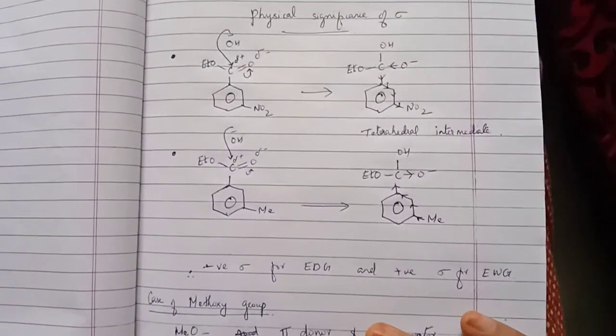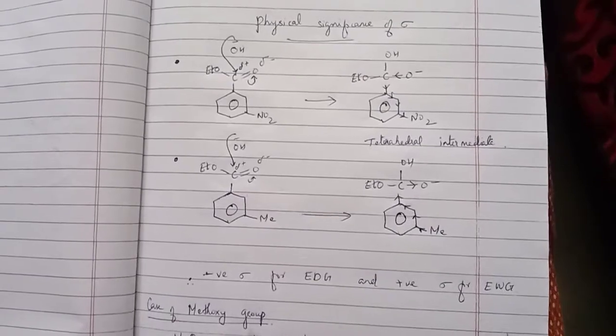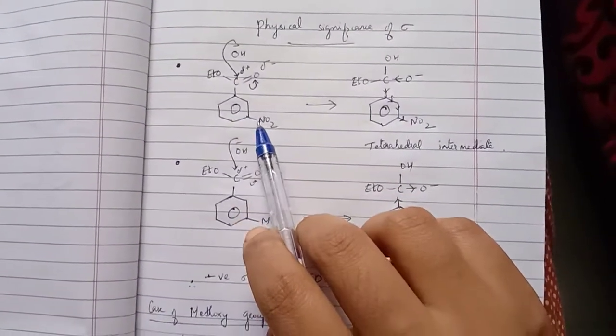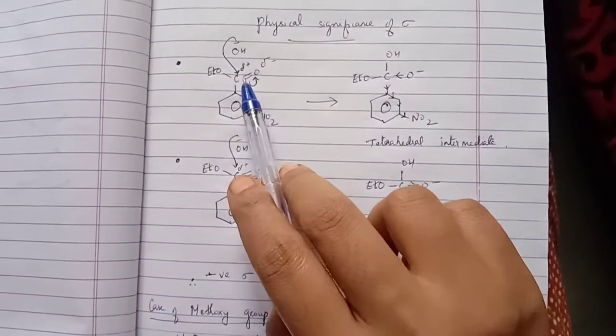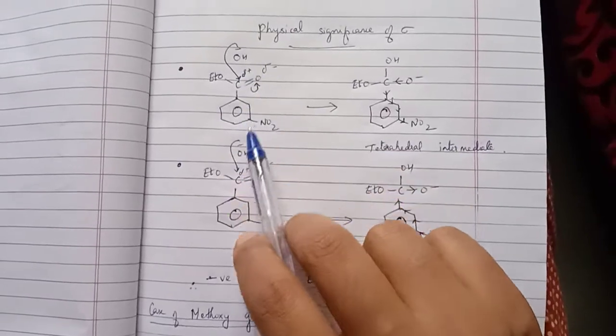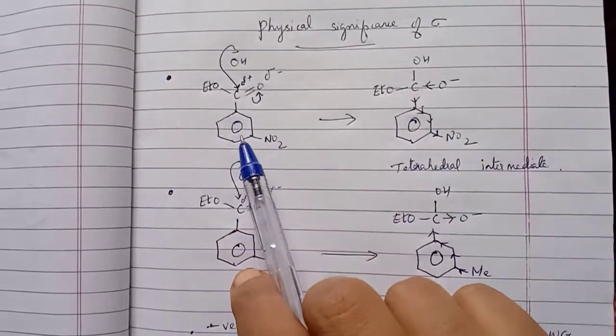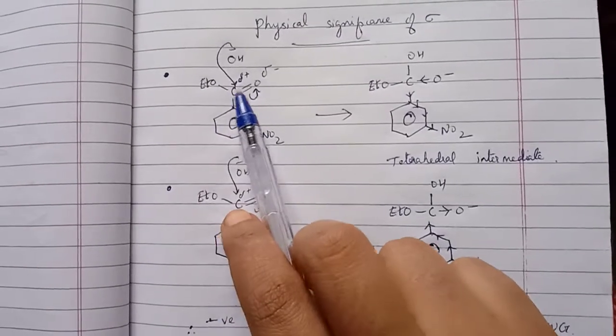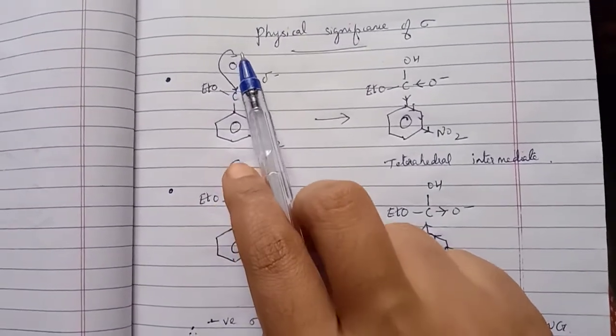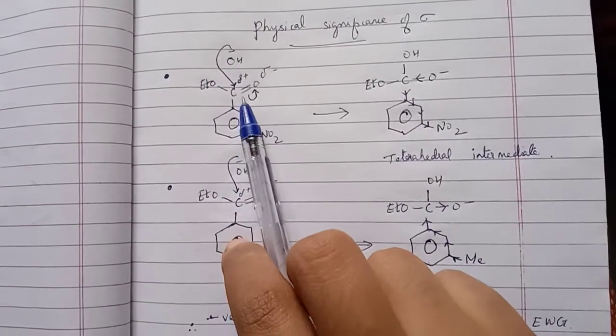We are considering two or three cases. Here we consider a nitro group at the meta position of this ester. This is an aryl ester, the base catalyzed hydrolysis of an aryl ester, ArCOOEt, OH minus catalyzed hydrolysis.